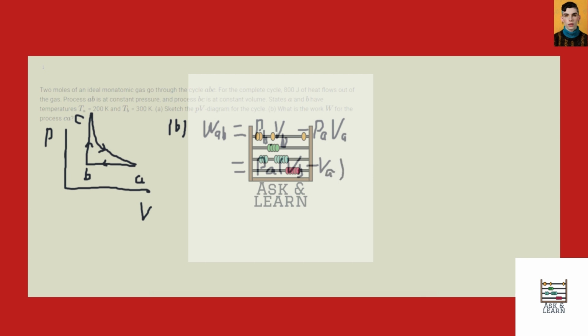And we also know that PV equals N times R times T for any state for an ideal gas. So basically, for this expression, PA times VB will be equal to N times R times TB, minus N times R times TA for PA times VA.